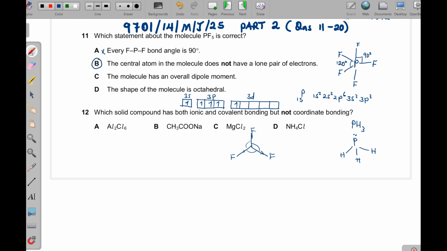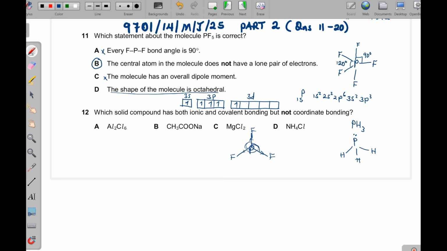Even this one does the same. There are three around it, and they are distributed equally around the phosphorus, so there is not going to be a dipole moment. Remember, even the ones that are vertical cancel out. This one pulls here, so they cancel out. So C is also off.